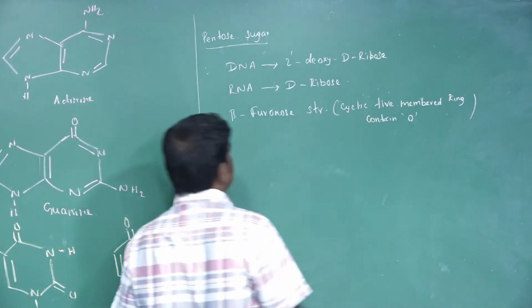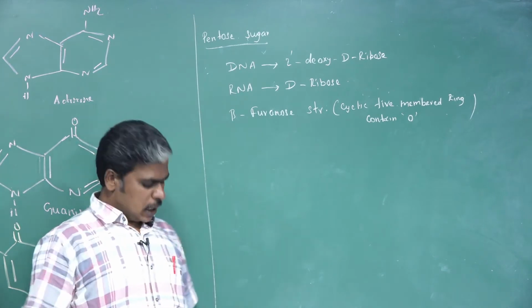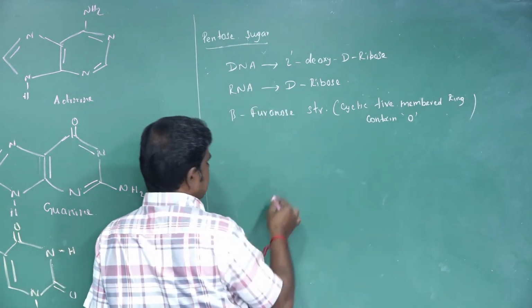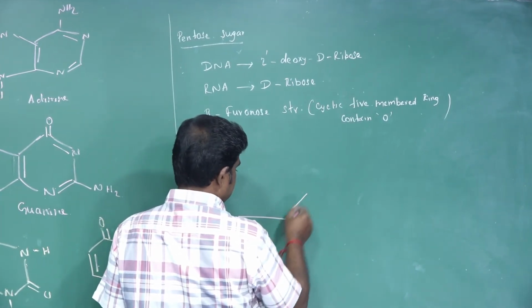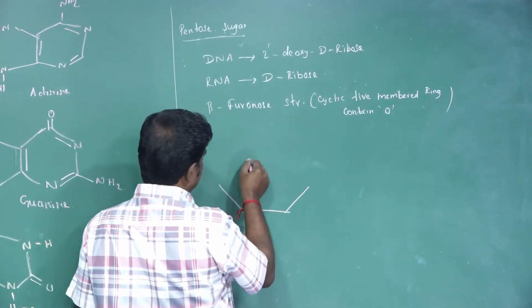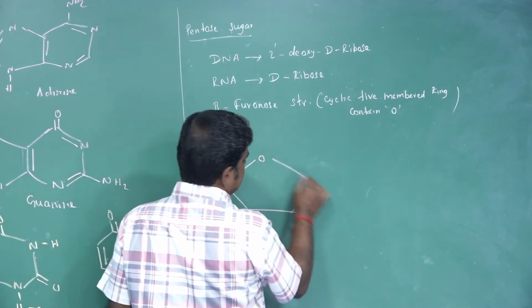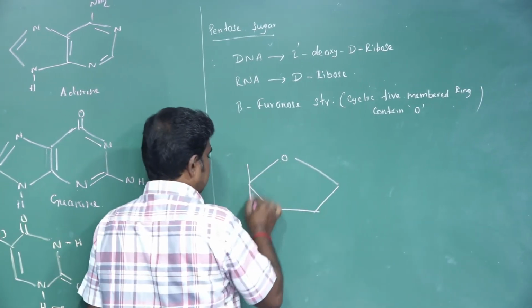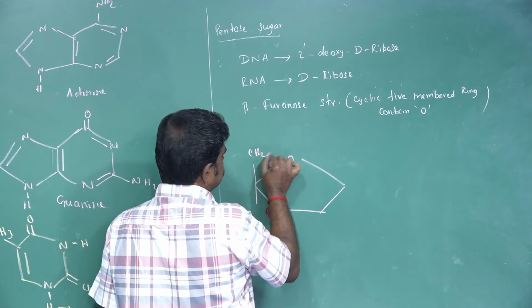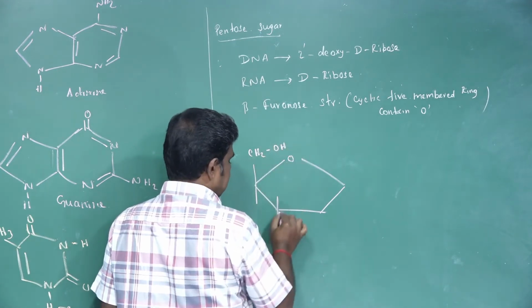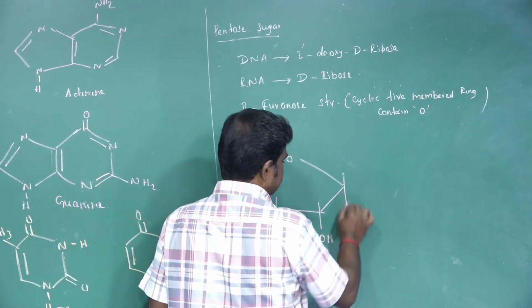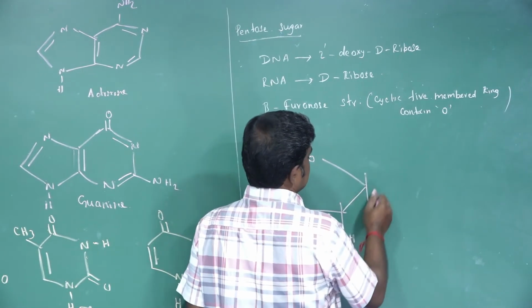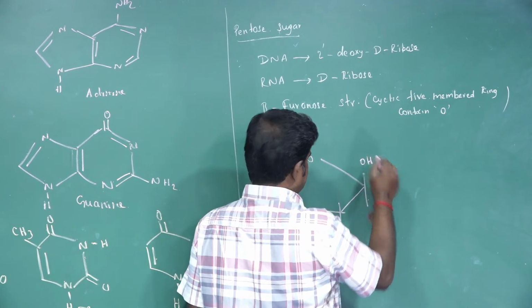So this is the beta furanose structure. We are taking DNA, which contains 2-deoxyribose sugar. Now it has CH2OH, and here OH, here OH, and here there is an OH group like this.